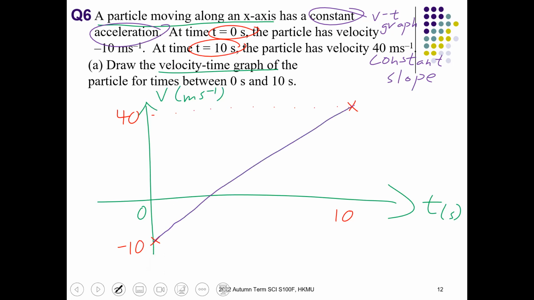With a straight line. Keep in mind that this is a straight line. A straight line means this is having a constant slope.